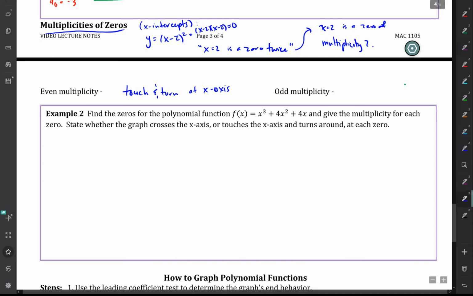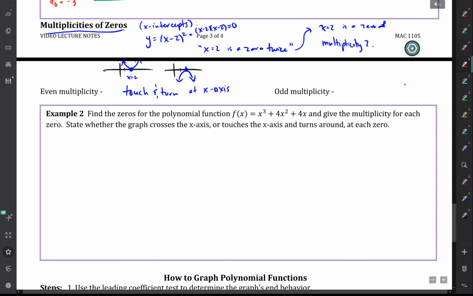A picture of this would be something like this. If 2 is a zero of multiplicity 2, then you get something that comes in, touches the x-axis at x equals 2, and then turns around. So it's either that or this. It's touching and turning. It's acting like a parabola.